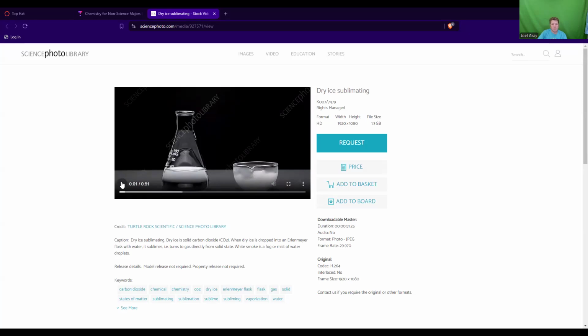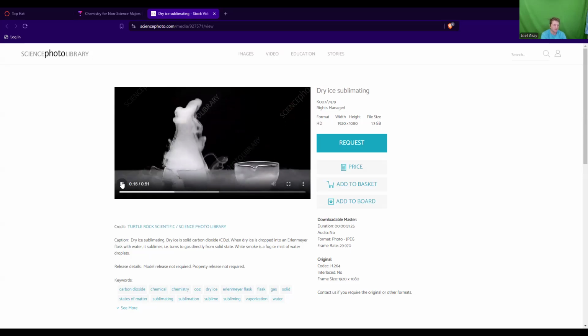It is solid carbon dioxide, dropped into a glass of water. Here's our solid chunk. You can see it's already beginning to transition phases, and boom, it begins transitioning very quickly.